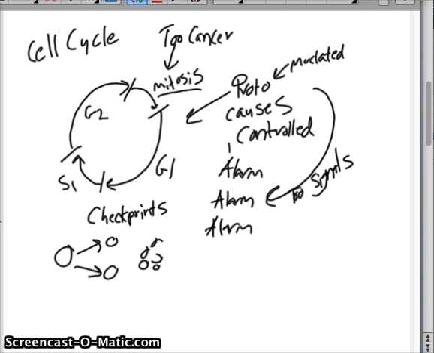An oncogene will cause these guys to go super fast, and then you get all these bunches of cells down here, and that forms a tumor. A tumor is just a ball of cells. All right, so our next point here.